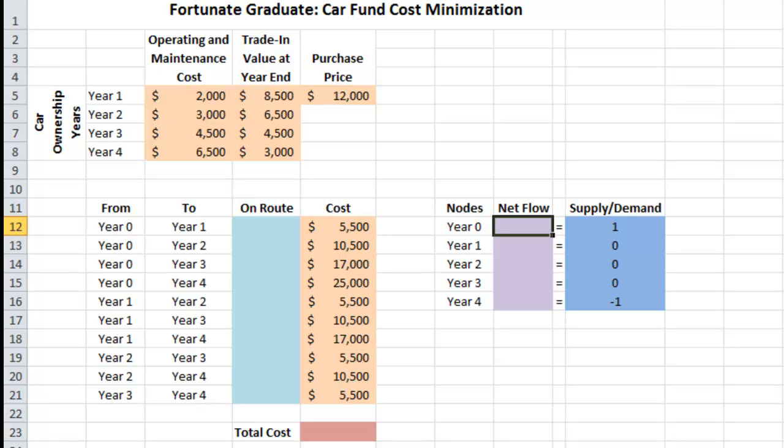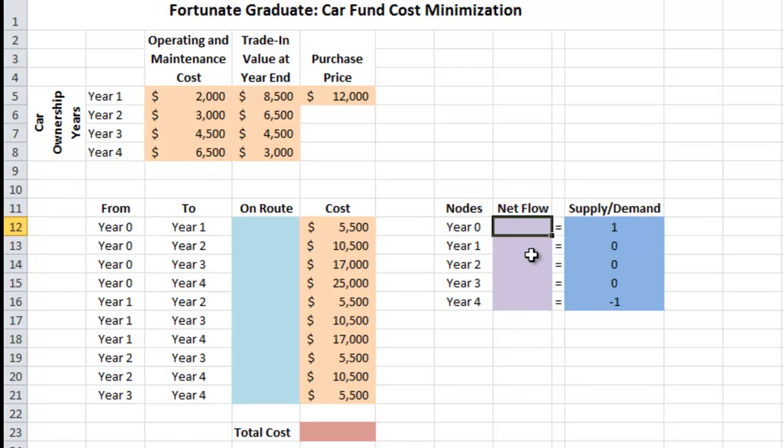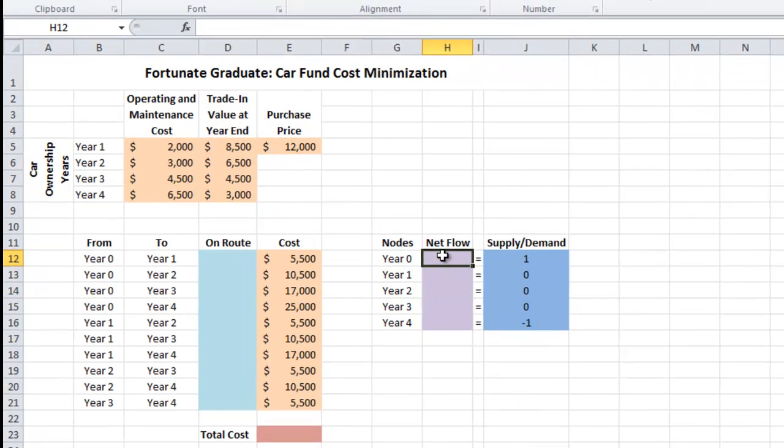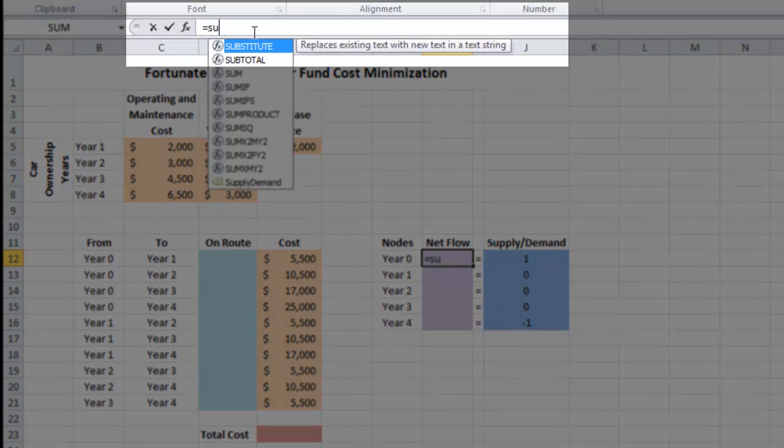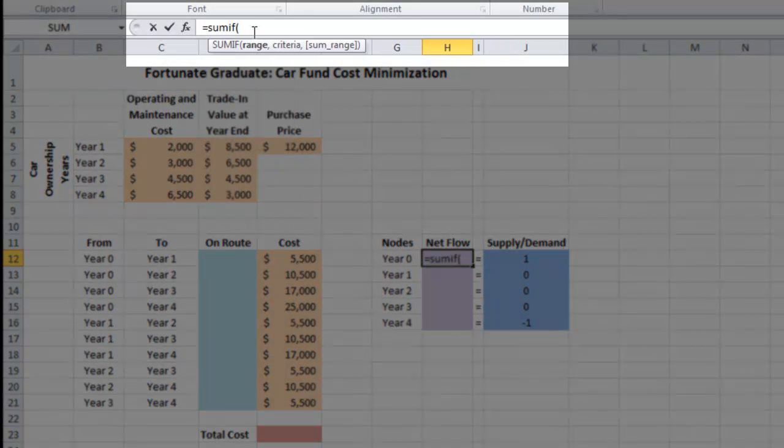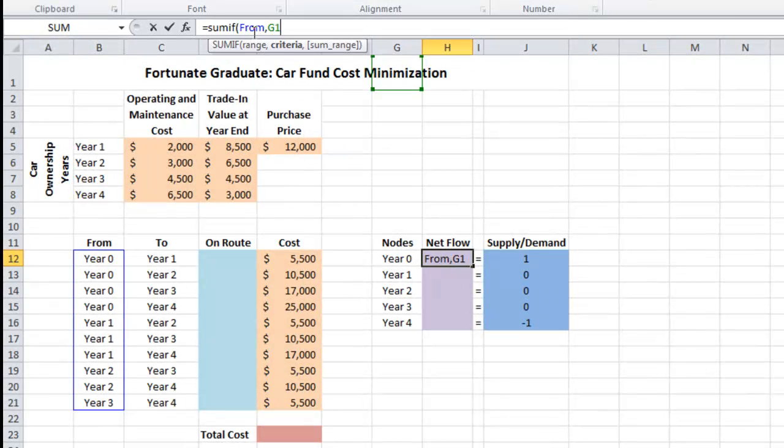So the first formula we're going to enter into our spreadsheet is in the top of the net flow column, which in our case is H12. So let's go up to our formula bar, and the formula goes like this. Equals SUMIF, open parentheses, from, comma, G12, comma, en route, close parentheses.